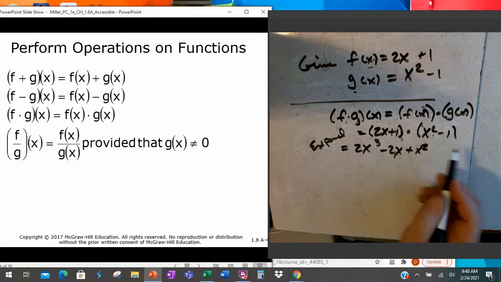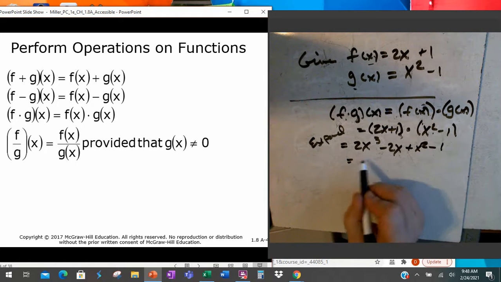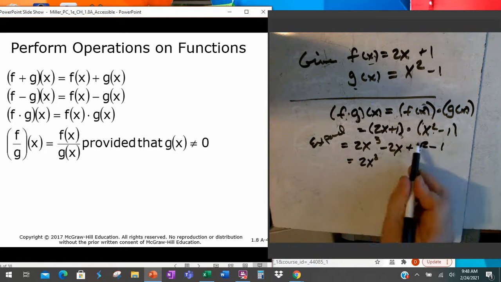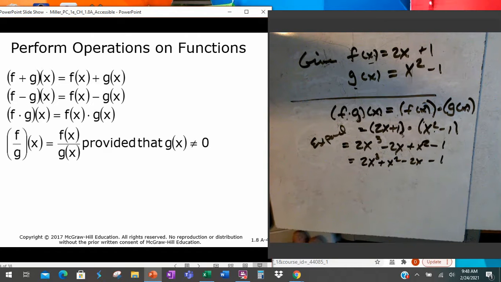Plus 1 times negative 1 is negative 1. And then I simplify the best I can. Standard form would be, count these things down, 2x cubed plus x squared minus 2x minus 1. And that's what the product would be, the product of two functions, forming a new function from two old functions.